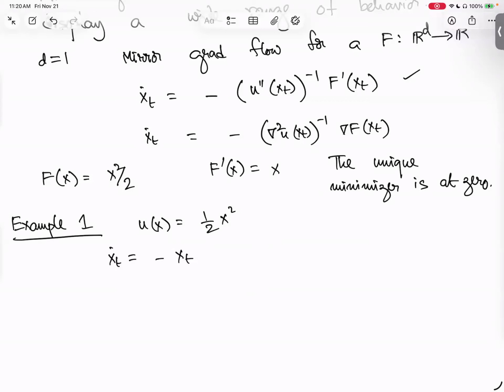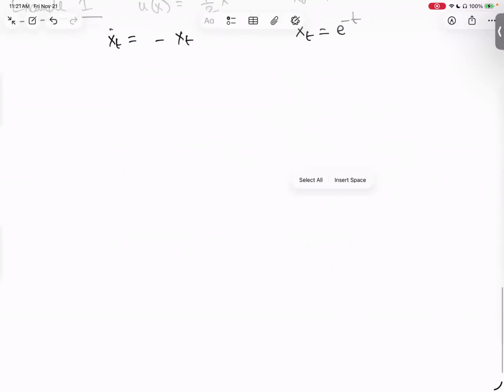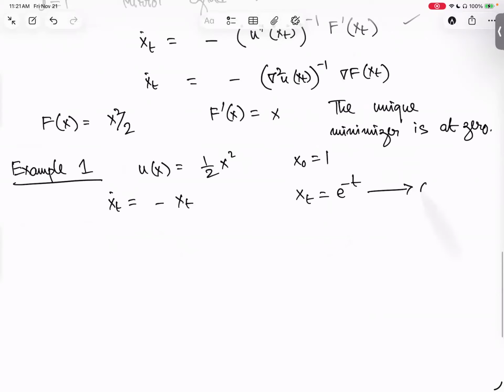In this case I can exactly solve for xt, and I get xt is equal to e to the power minus t. I'm always going to start from x0 equals 1. So xt is e to the power minus t. This of course converges to 0 as t goes to infinity, and this is exponentially fast. That's my Euclidean gradient flow.